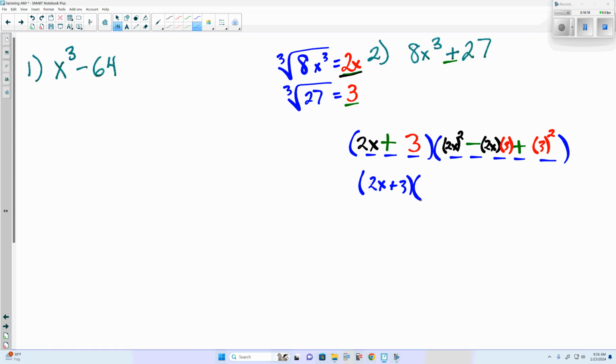Now we do need to do some simplifying here. Really, the first set of parentheses is fine as it is. Now we do need to square our 2x. 2x times 2x is 4x squared. Minus 2x times 3 is 6x, and 3 squared is 9.